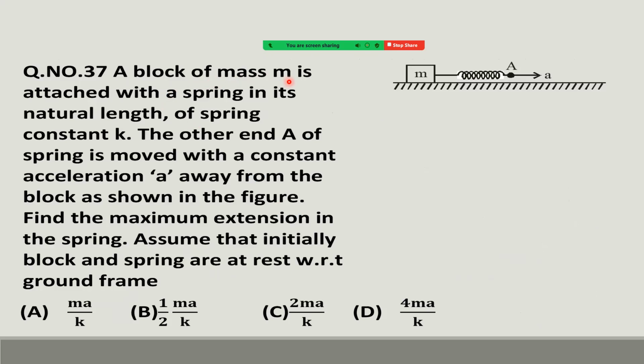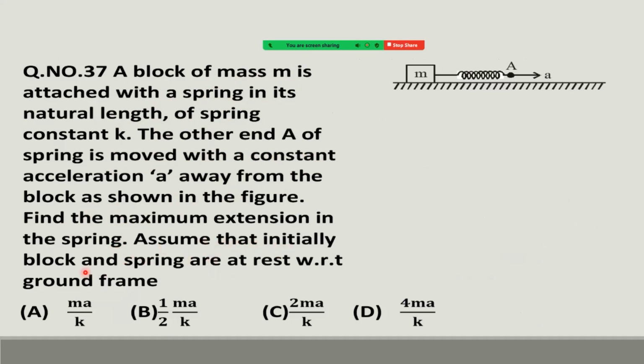A block of mass m is attached with a spring in its natural length, of spring constant k. The other end A of the spring is moved with a constant acceleration a away from the block as shown in the figure. Find the maximum extension in the spring.